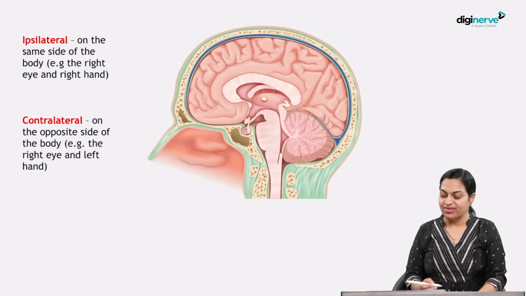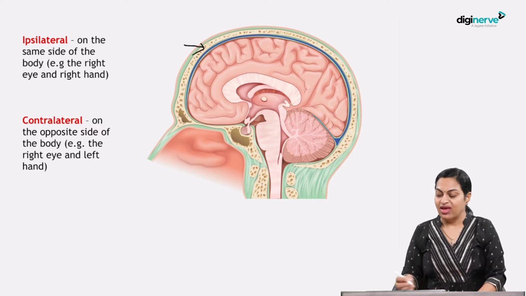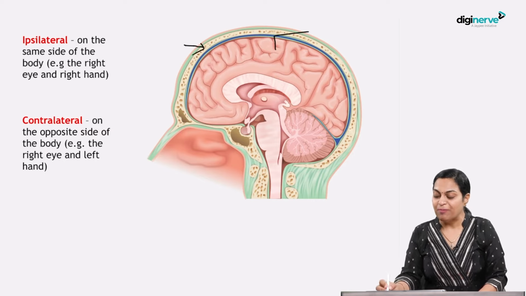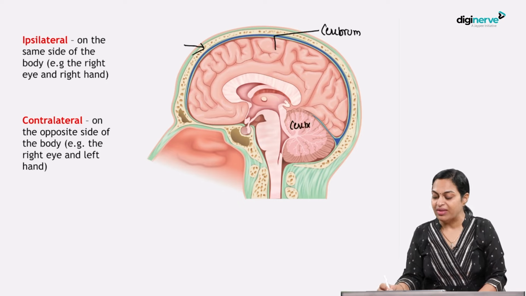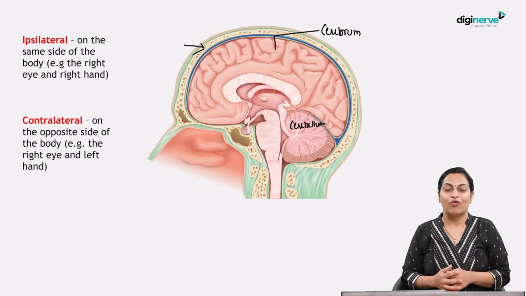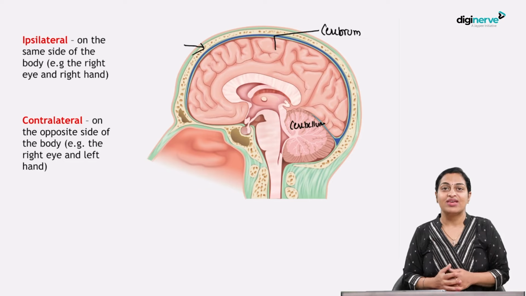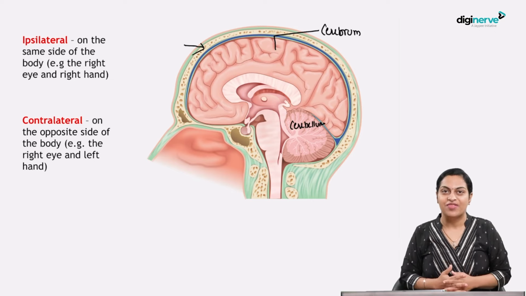Ipsilateral, contralateral. So can you see here, this is the cranial cavity. And what do you get to see here? The brain, the cerebrum. You can make out the cerebrum here. You can make out the cerebellum here, right? So we know that the forebrain consists of the cerebrum, the cerebral hemispheres, right and left cerebral hemispheres.